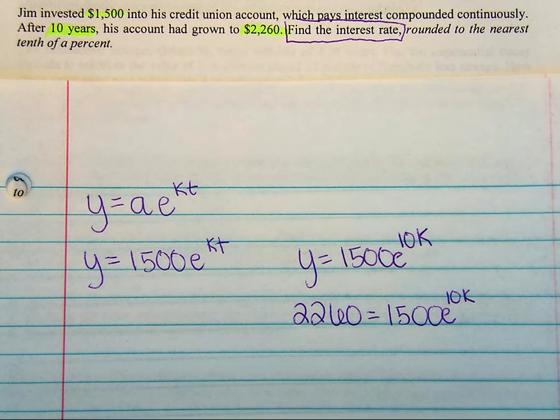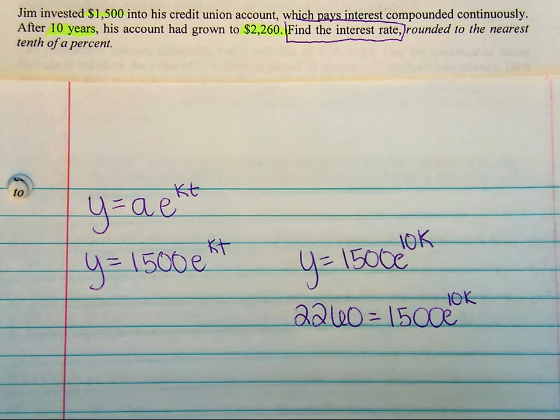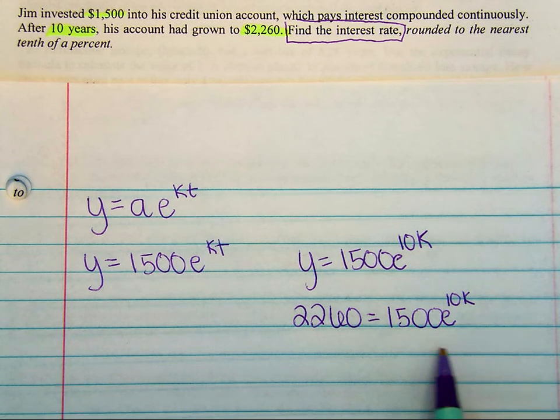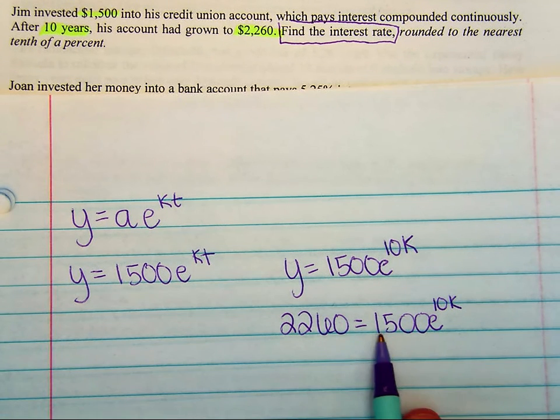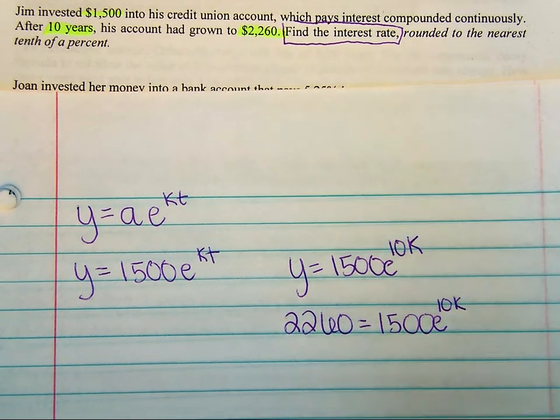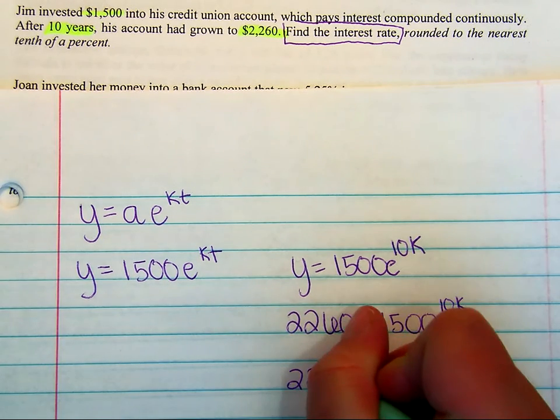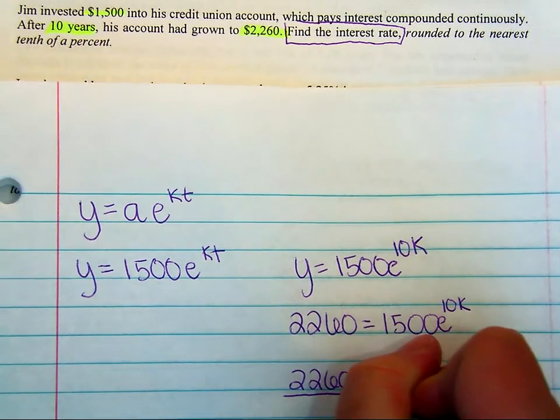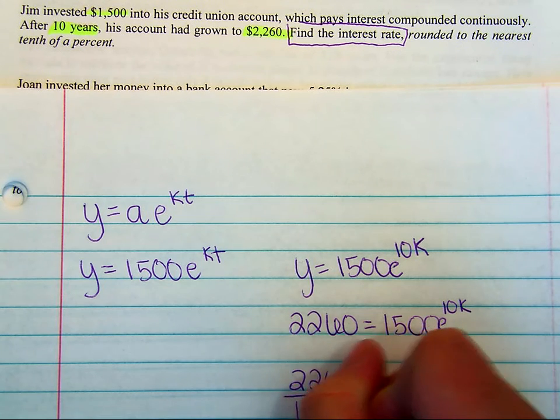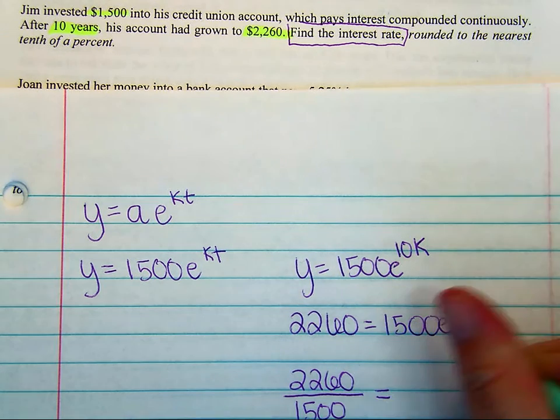Okay, so first thing I'm going to do is get this term that has E by itself, which means I do not want to multiply it by 1,500. So I'm going to be dividing by 1,500 on both sides.